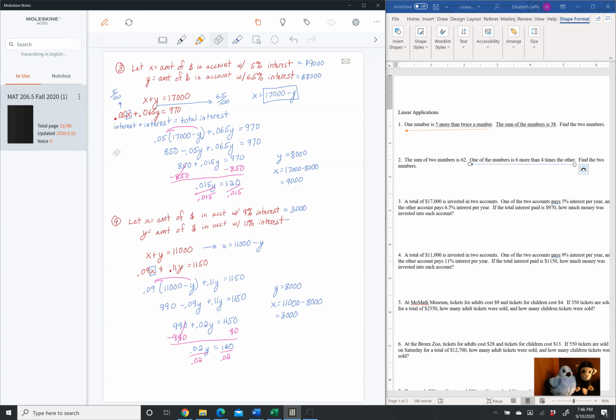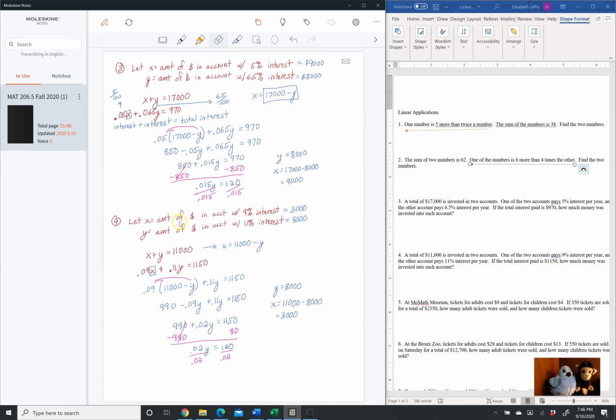The amount in the account with 11% interest is 8,000. Okay, just make sure that you assign the right thing to the right account, right? So you solve for x is 3,000, make sure that you actually assign it to the x. Okay, and that's number 4.